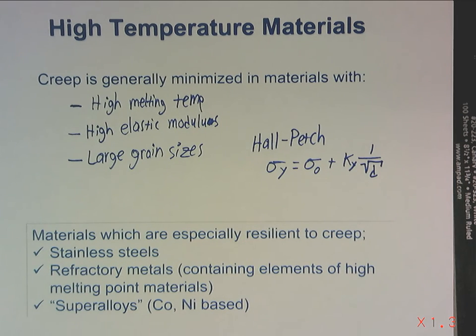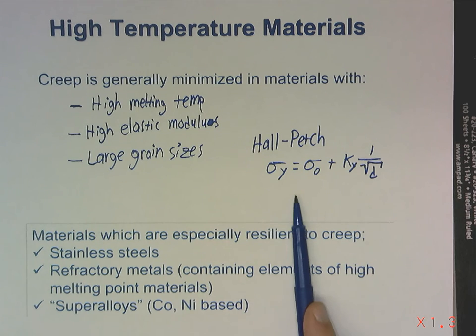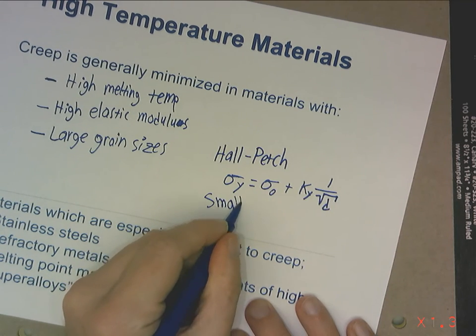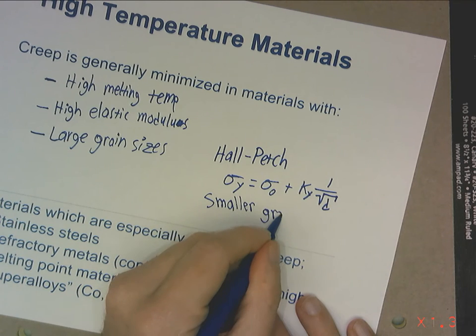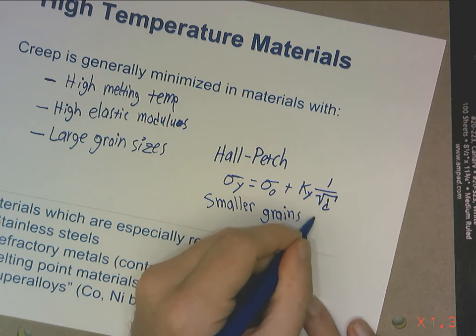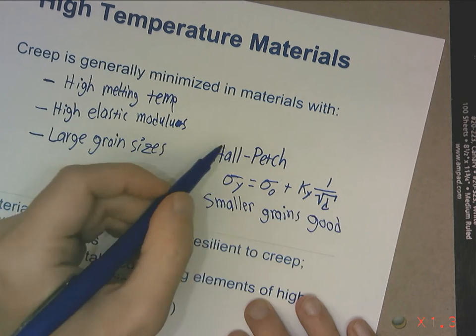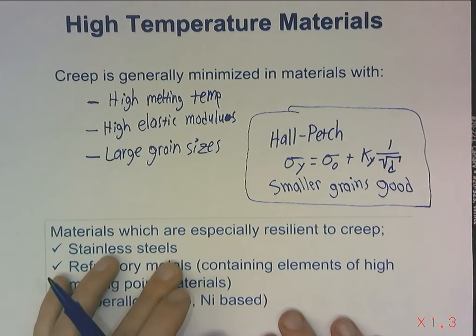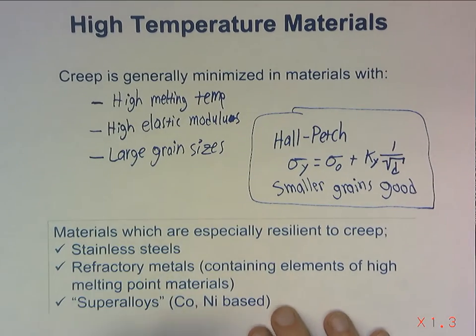And remember, we said that smaller grains were stronger. Smaller grains, good. That's what that equation told us. We had a test question on that. Now I'm saying large grain sizes.